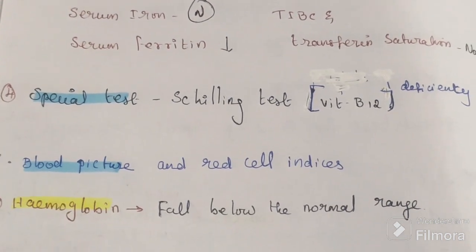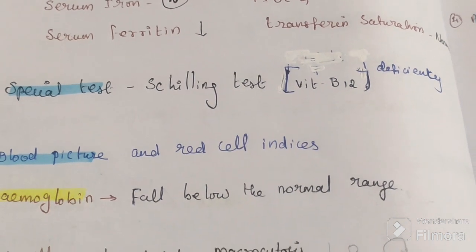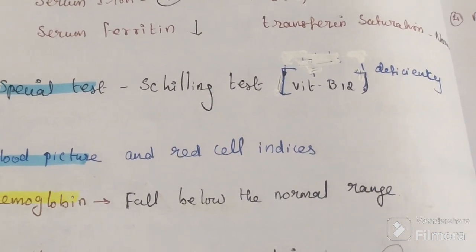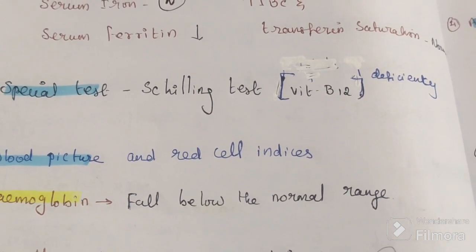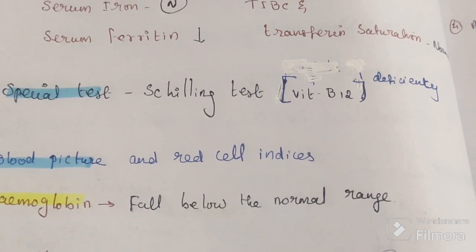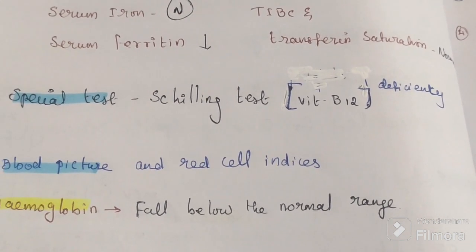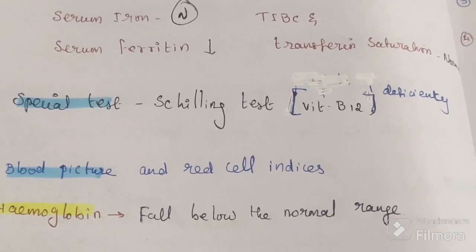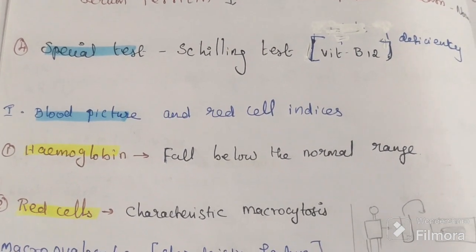Then a special test, the Schilling test, which is the main test for identifying vitamin B12 deficiency, whether due to decreased intake, malabsorption or increased demand. By using the Schilling test we can confirm. So we will discuss one by one.